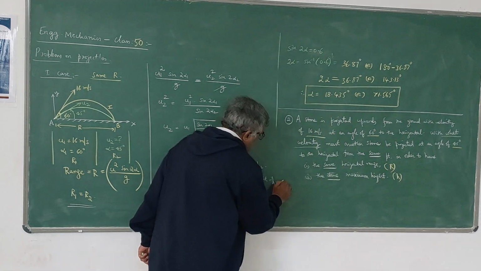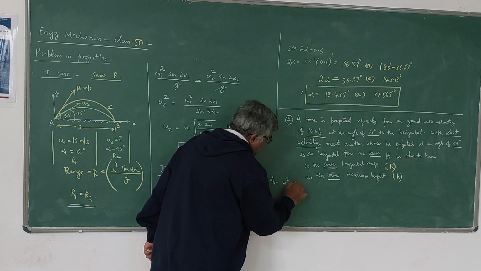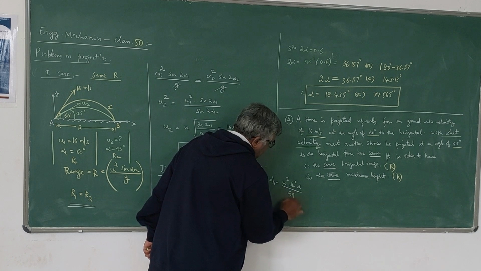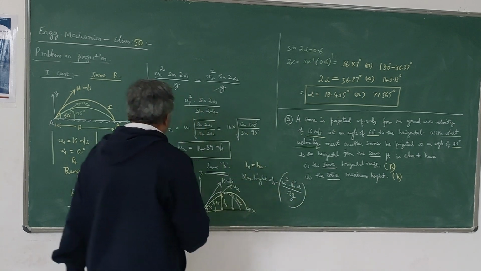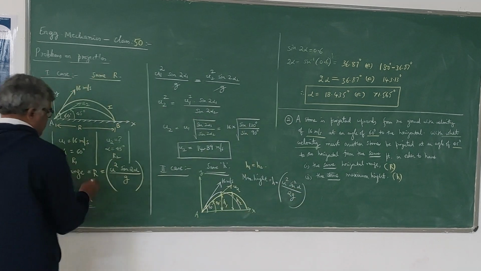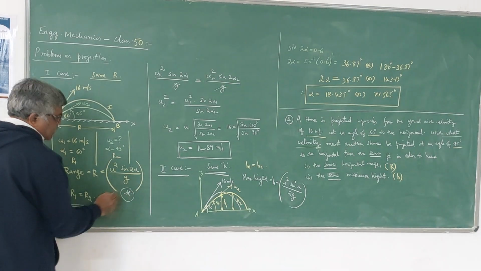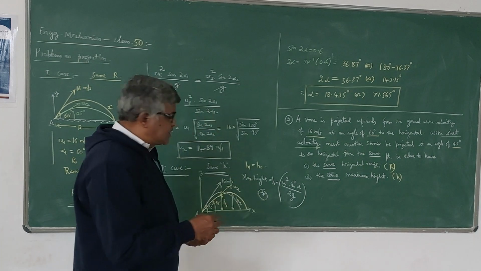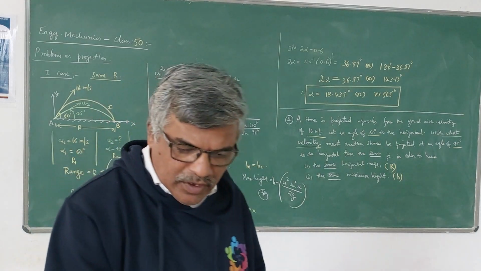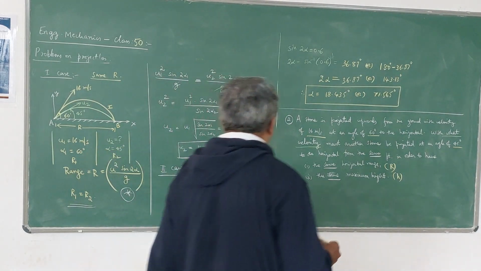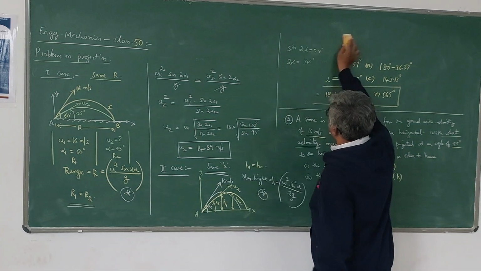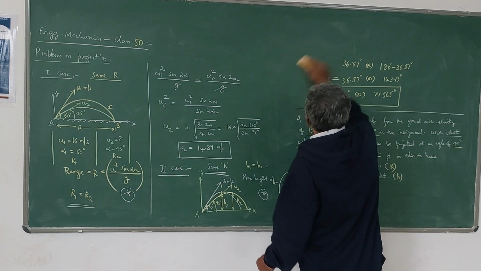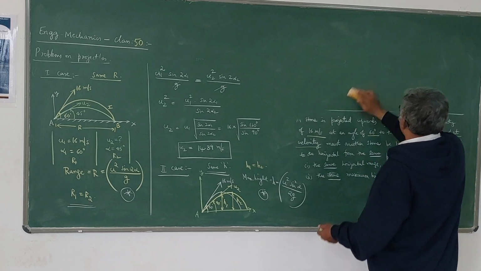So you have to remember the expression for range in one case, and the expression for the maximum height in this case. Since h1 is equal to h2, u becomes u1, alpha becomes alpha 1 for the first stone; u becomes u2, alpha becomes alpha 2 for the second stone.